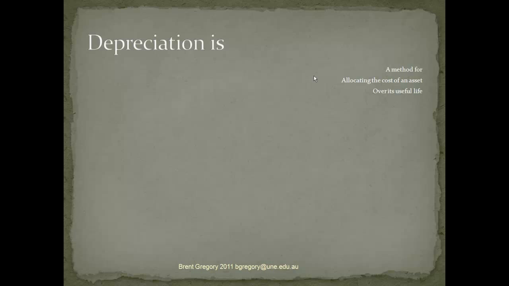Depreciation is a method for allocating the cost of an asset over its useful life. And there's a few things you'll see here related to those principles: the cost principle, allocating the cost of an asset over its useful life, which is about the matching principle, and the period concept. So what periods do we have and how do we match the cost to the period?